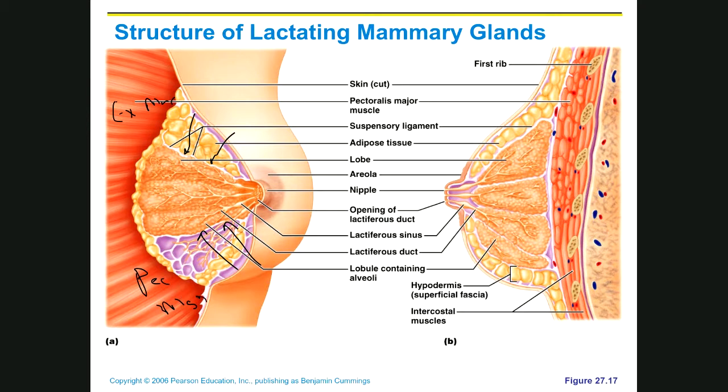Here you can see them over here a little bit better. But just like anything else, over a long period of time, if you apply enough weight or force, these ligaments stretch. And so the shape of the breast changes over time because of that.